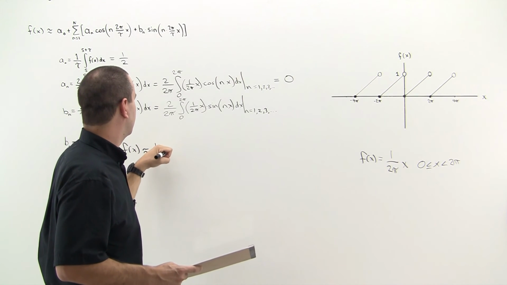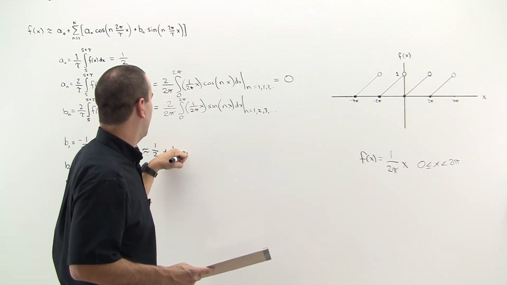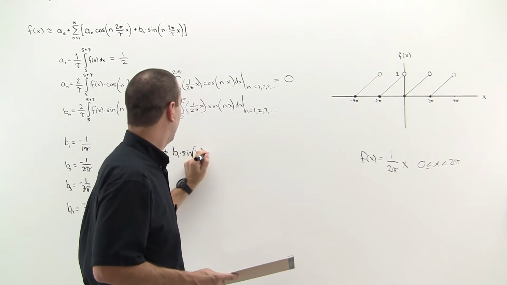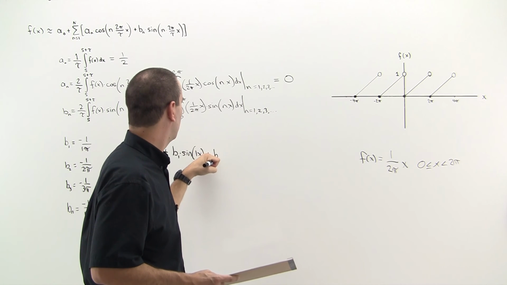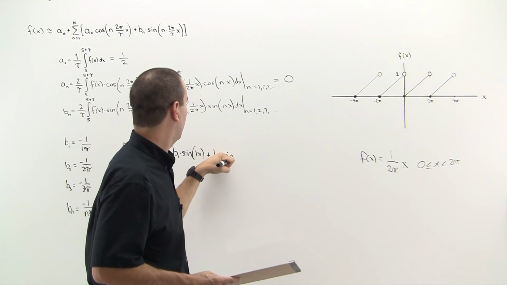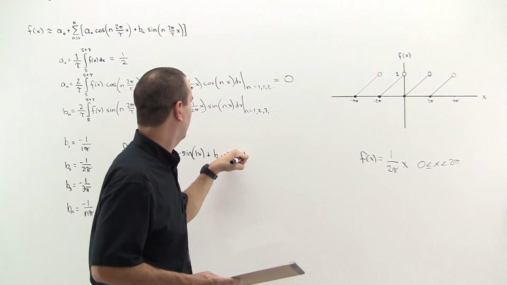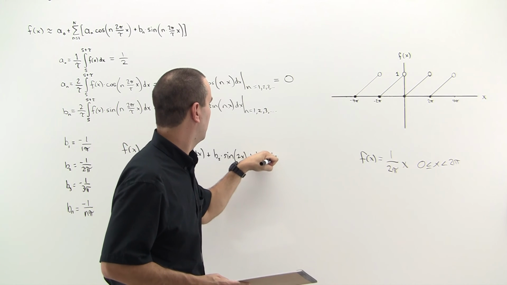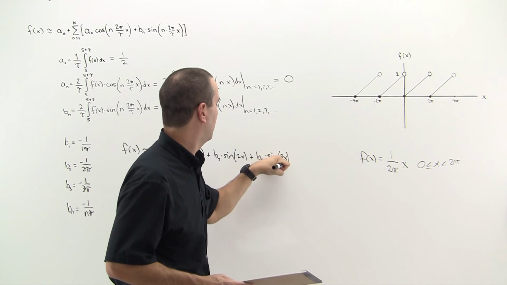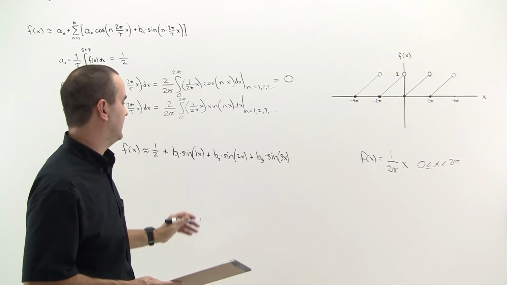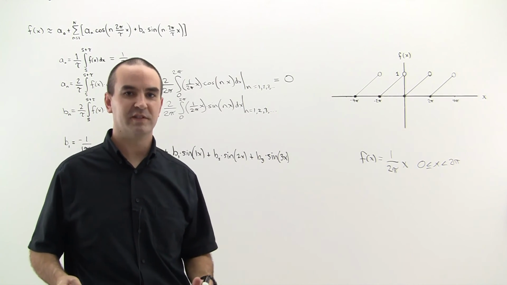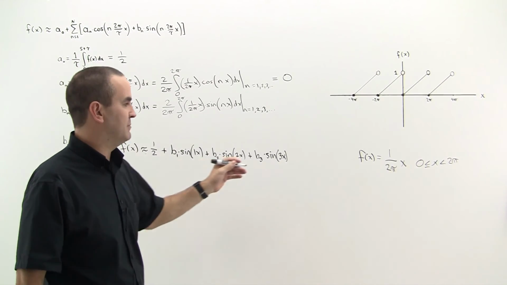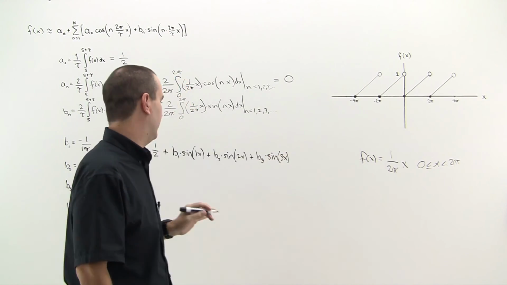So what we're going to have is B1 times the sine of 1x plus B2 times the sine of 2x plus B3 times the sine of 3x. And so on. And you can just keep adding them. We're just going to do 3 terms for the sake of speed. But you could add as many as you want to make the Fourier series as accurate as possible.